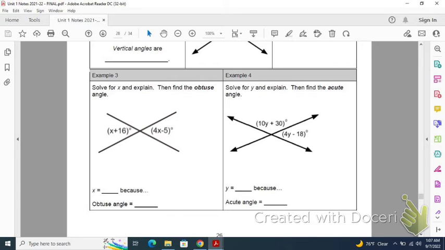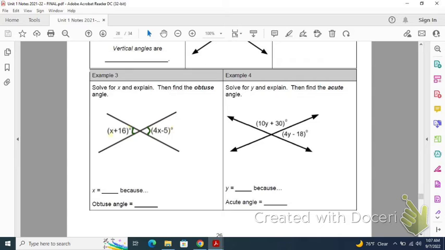Okay, let's just start off with the beginning. We got two angles that they gave us. Those are vertical angles, so that means these two angles are going to be congruent. I'm going to make it more visible. I added my wings.